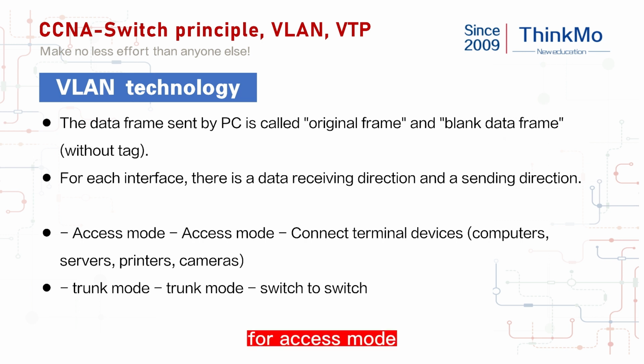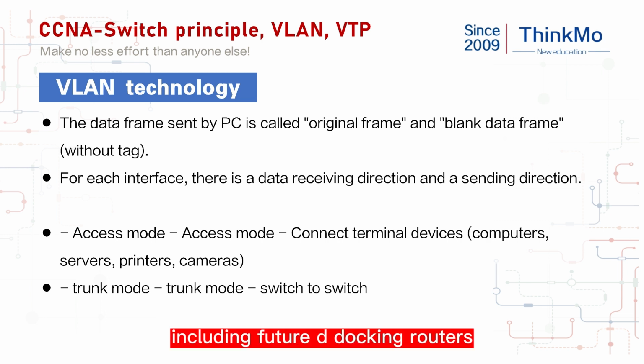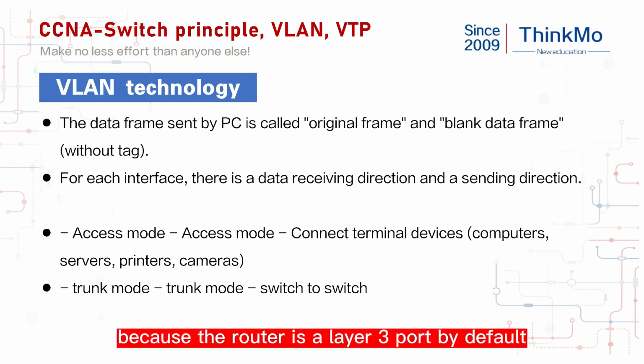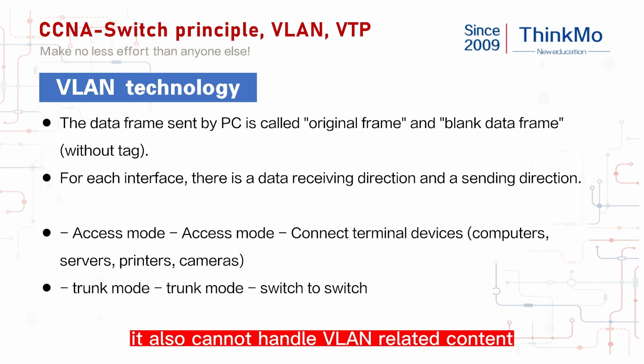For access mode, we'll connect some end devices, such as computer, server, printer, camera, etc., including future routers. In fact, we use access mode the most, because the router is a layer 3 port by default. It also cannot handle VLAN-related content.